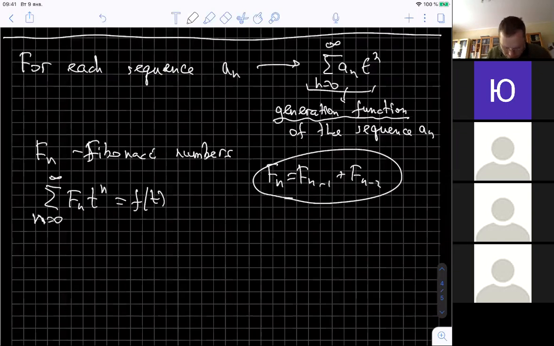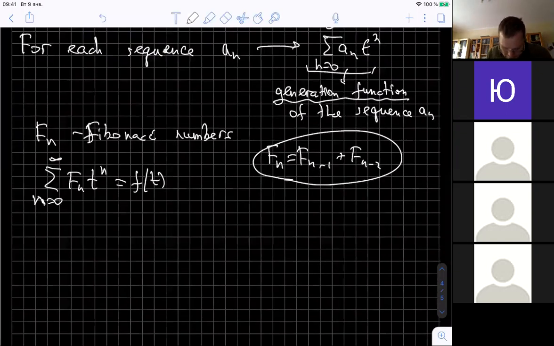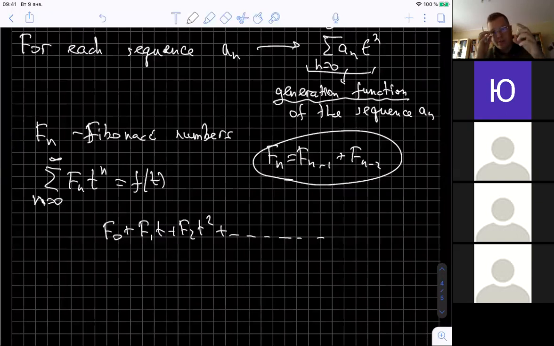So what we can do, we can write this like f0 plus f1t plus f2t squared, and so on. And if we want to use this recurrence relation, we need to find, so this is f of t, we need to sum fn minus fn minus 1 minus fn minus 2, and it will be equal to 0.